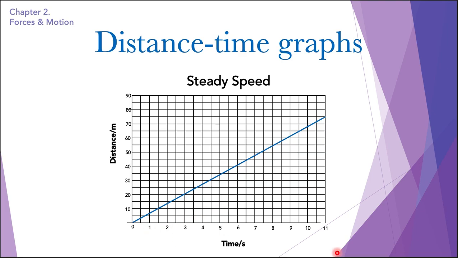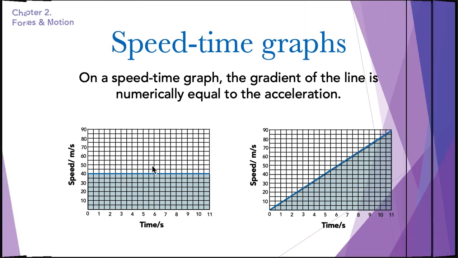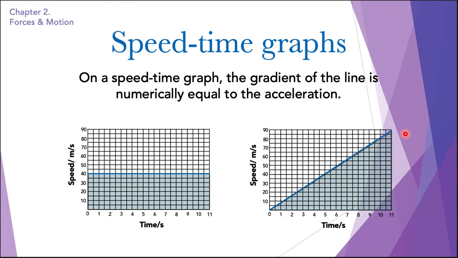And in a speed time graph, it is a horizontal line. And a straight line in speed time graphs refers to a uniform acceleration. It means that the speed is increasing at a constant rate. So, on a speed time graph, the gradient of the line is numerically equal to the acceleration. By gradient, we mean this part of the graph.